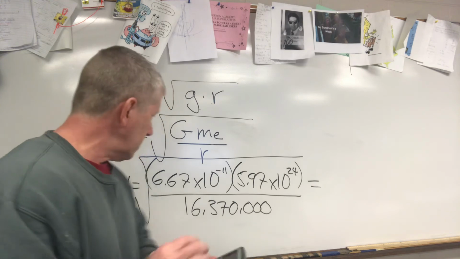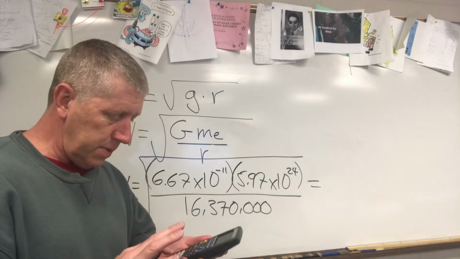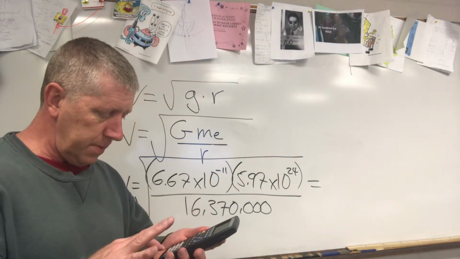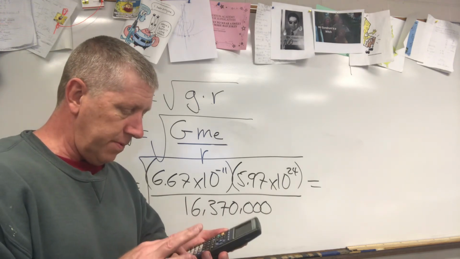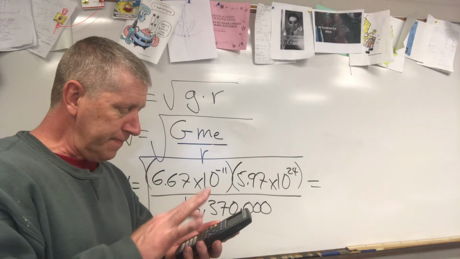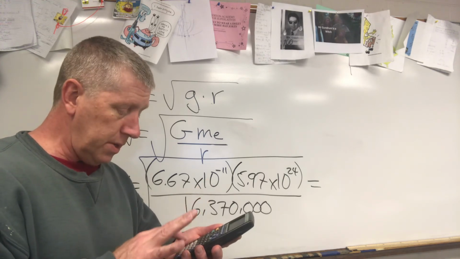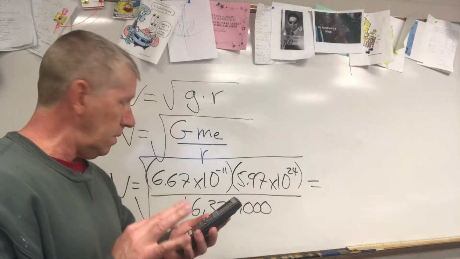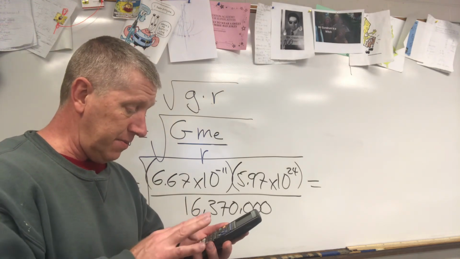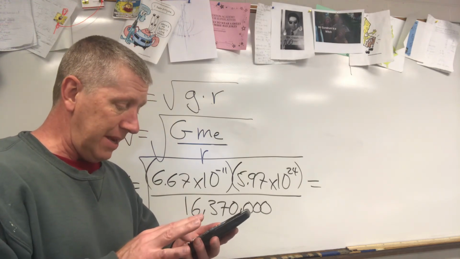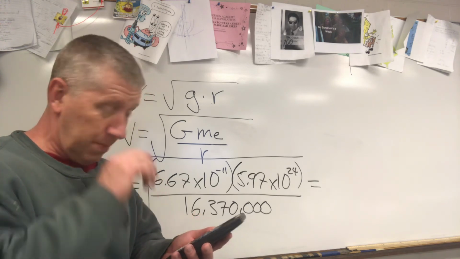All right, here we go. 6.67, second function exponent, negative 11, multiplied by 5.97, second function exponent, 24, equals. Now, we're going to take 16,370,000 and divide that into that number.